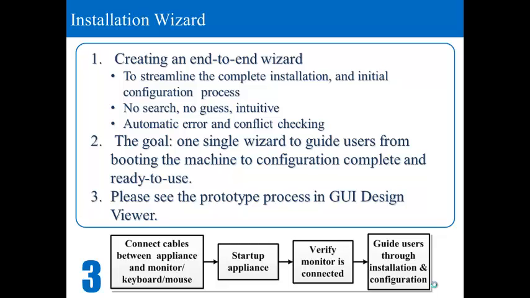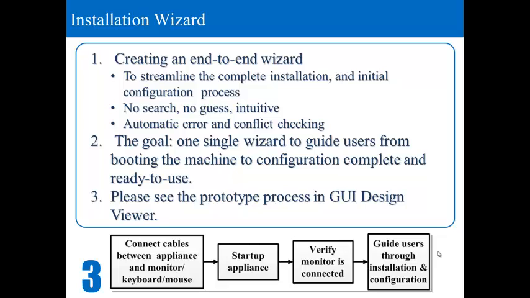Okay, now we talked about the first enhancement, installation wizard. If you look at the very bottom, ideally we want to make the process as simple as this 4-step process. The appliance will automatically verify that the monitor and the keyboard mouse have been connected to the appliance.